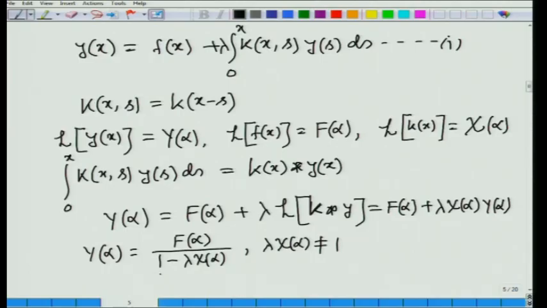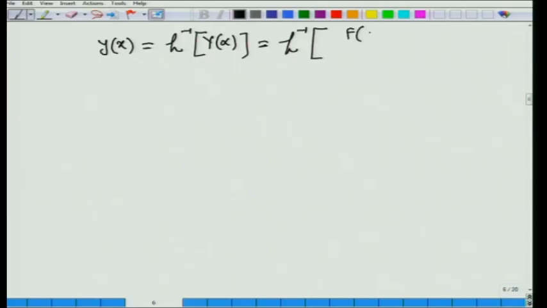So, once we have this result, that is Y(alpha) equal to F(alpha) divided by 1 minus lambda times chi(alpha), then we can solve it by using the inverse Laplace transform method to get y(x) equal to L inverse of Y(alpha), and that is equal to the inverse Laplace transform of F(alpha) divided by 1 minus lambda chi(alpha).